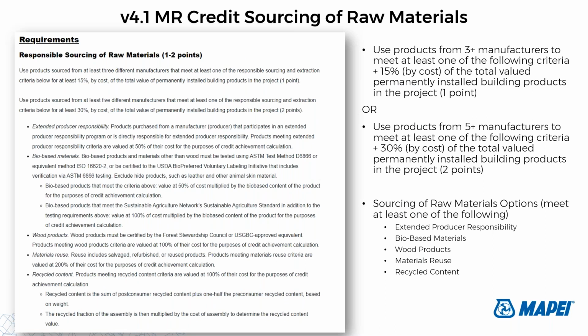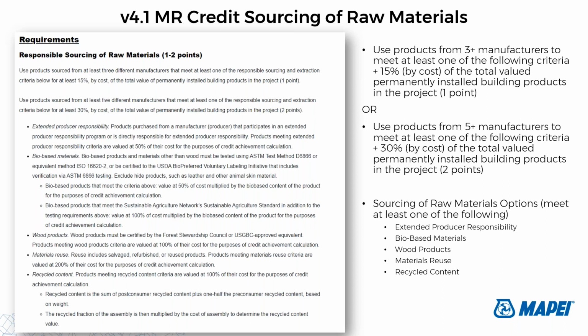The next credit we'll talk about is Materials and Resources, or MR credit for sourcing of raw materials. The intent of this credit is to reward project teams for selecting products verified to have been extracted or sourced in a responsible manner. This is the credit language from version 4.1. Version 4 had additional options. It was worth an additional point.